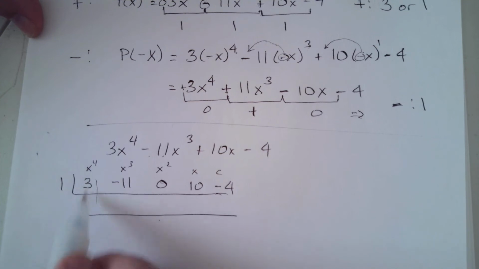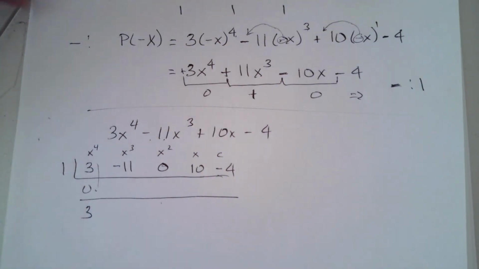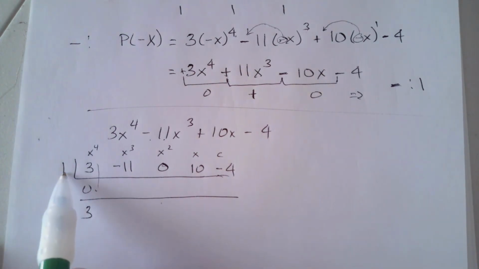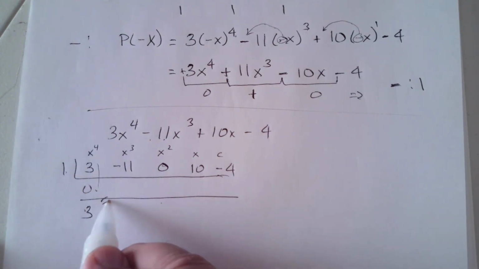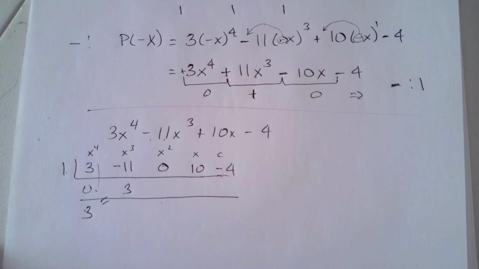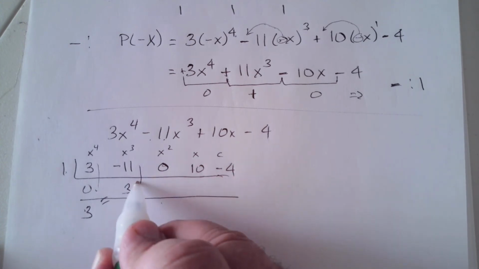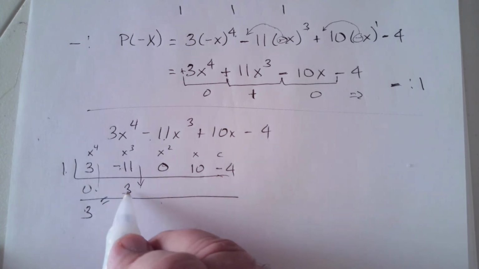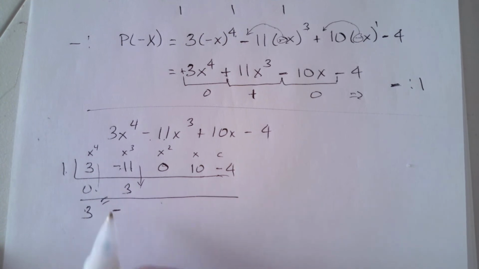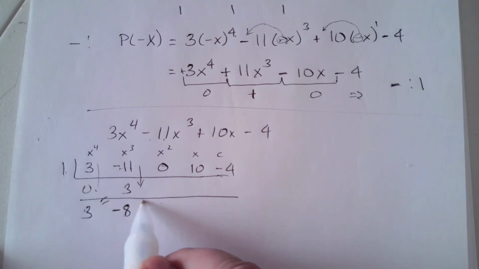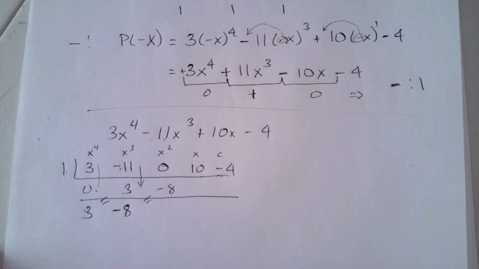Straight down. Add 3 plus 0 is 3, because there's nothing there, it's a 0. Multiply. 1 times 3 equals 3. Add straight down. Negative 11 plus 3. 11 is bigger, so it's negative. 11 minus 3 is 8. Multiply. 1 times negative 8 equals negative 8.